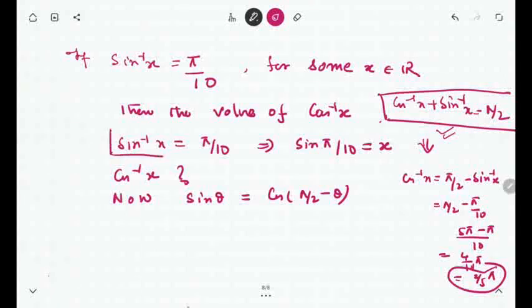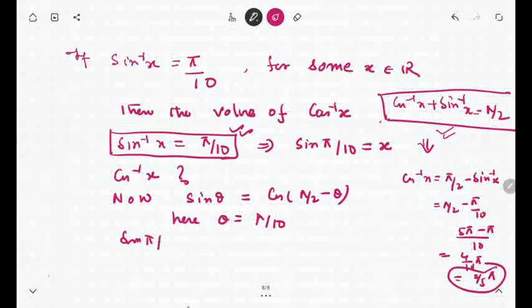Here theta is pi by 10, so sine of pi by 10 is cos of pi by 2 minus pi by 10.